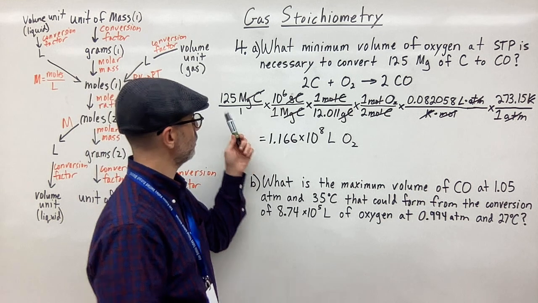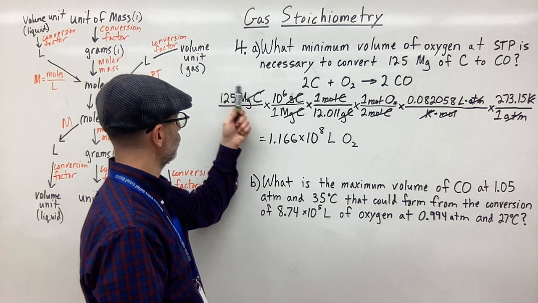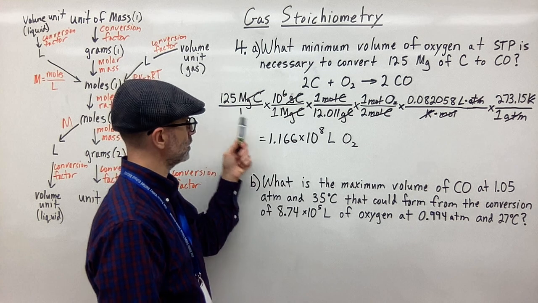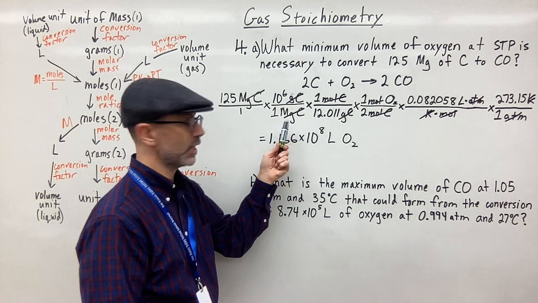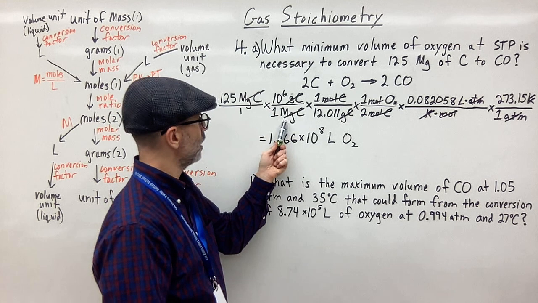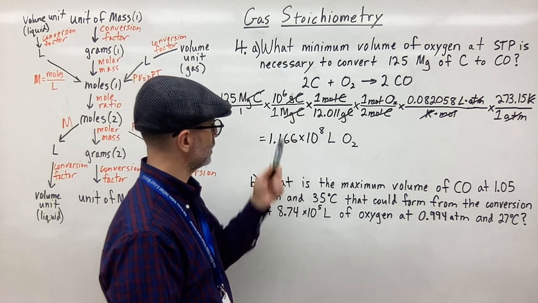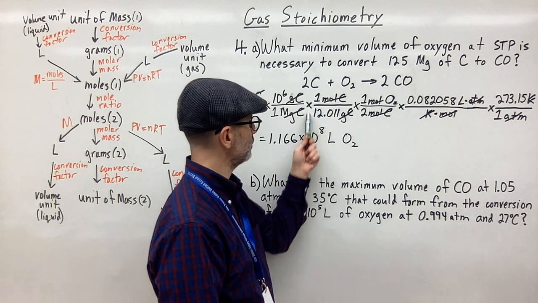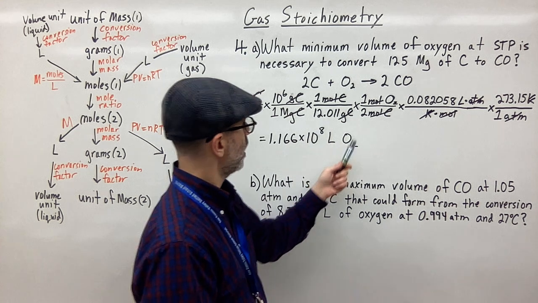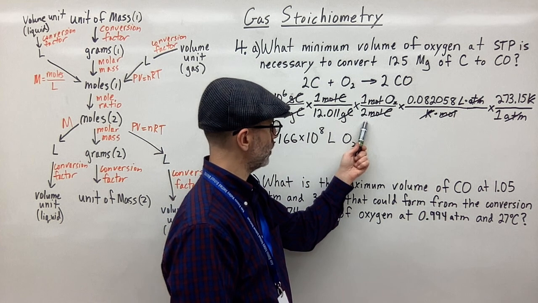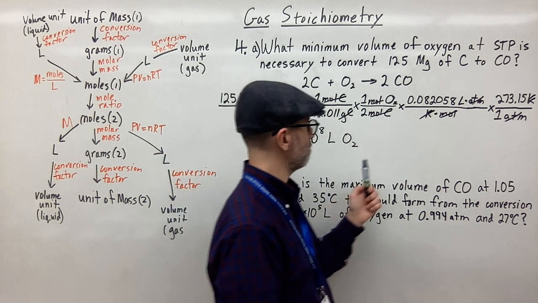So let's see which one of these has the least. This has 3 sig figs. This is exact, so we can ignore this. Metric mass to metric mass is exact. Here we have 5 sig figs in the molar mass. This mole ratio 1 to 2 is exact, so we can ignore that.